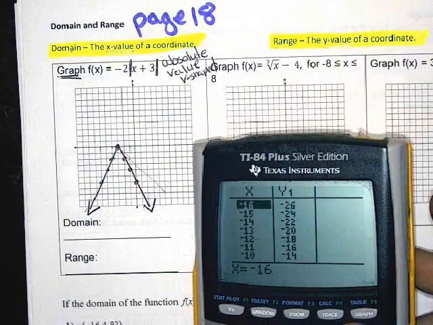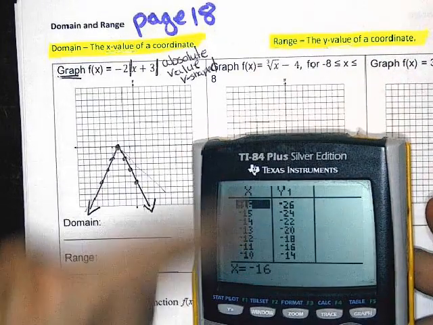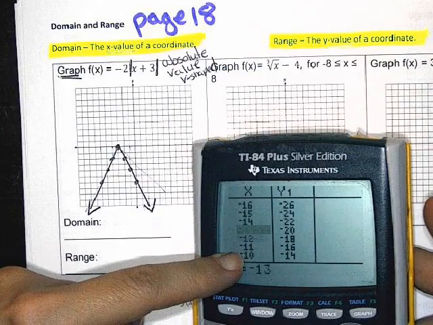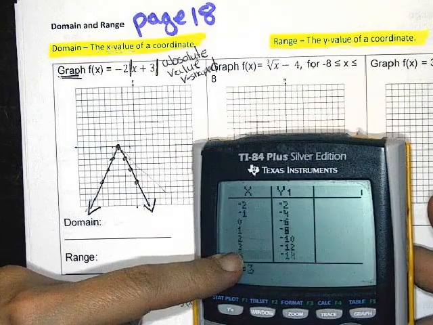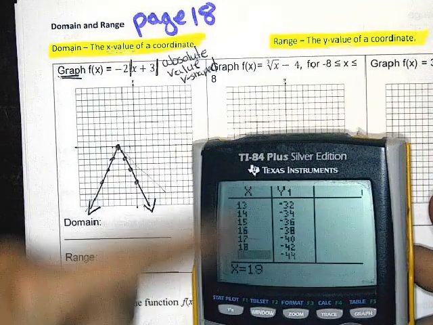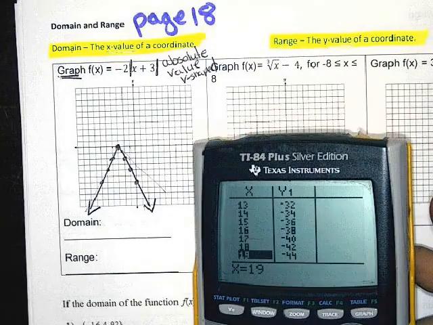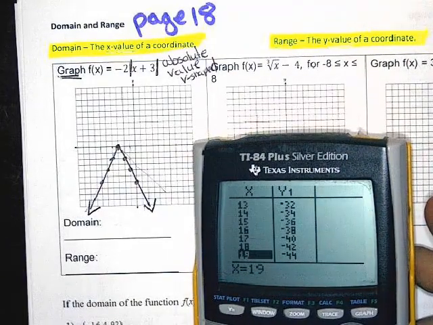No, I can keep going and going, and I can go in the negative direction. If I keep going into the positive direction, am I ever going to stop? Nope. If I don't get any type of error message, then I'm going to keep going.